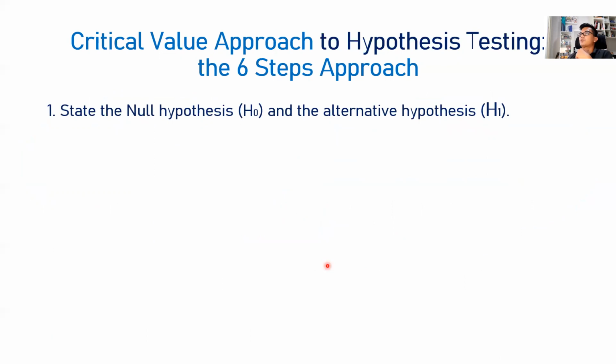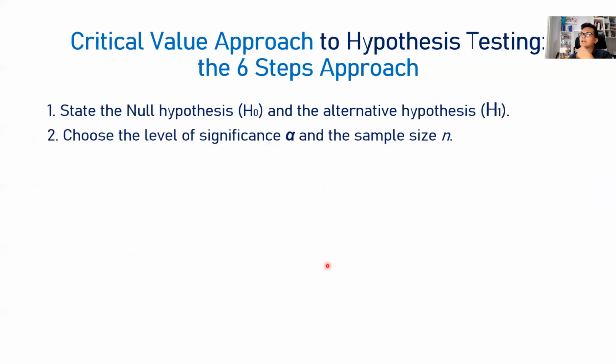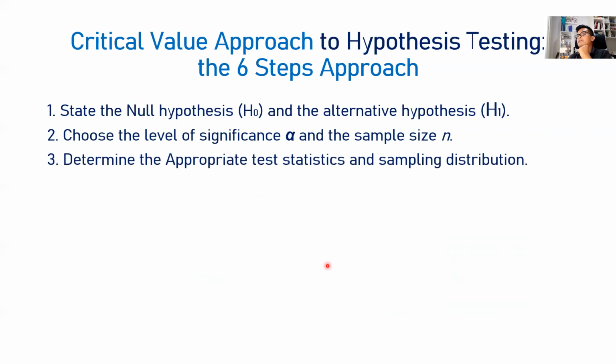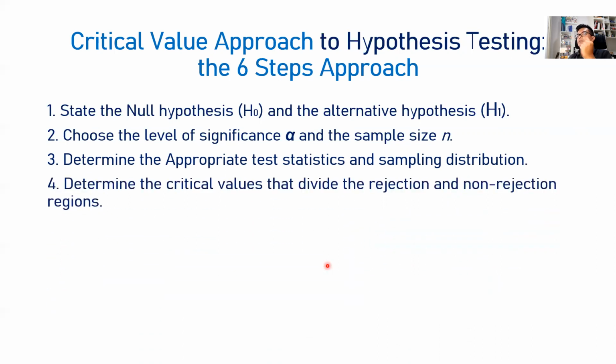First is the null hypothesis and alternative hypothesis statement. Second one is the level of significance and the sample size determinations. Third one, we have to determine the appropriate test statistics and sampling distribution. Fourth, determine the critical values that define the regions of rejection and the regions of non-rejection.